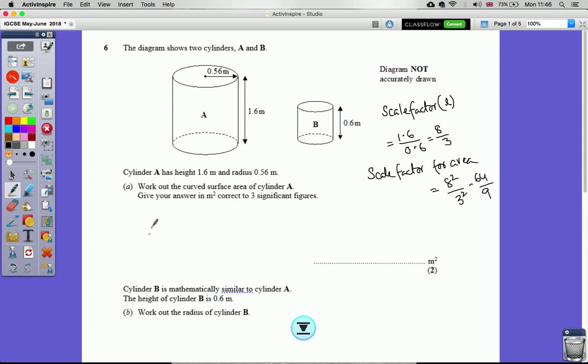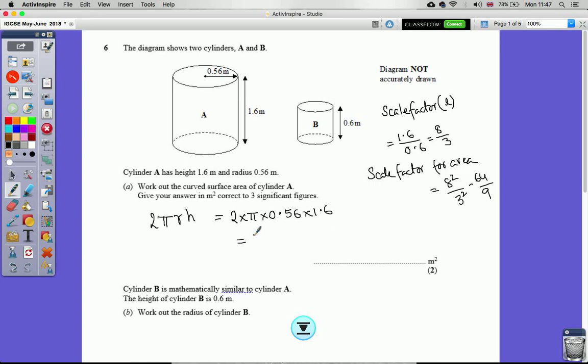We know the curved surface area is 2 pi r h. That is the curved surface area of a cylinder, where r is the radius and h is the height. So that's going to be 2 times pi times 0.56 times 1.6.